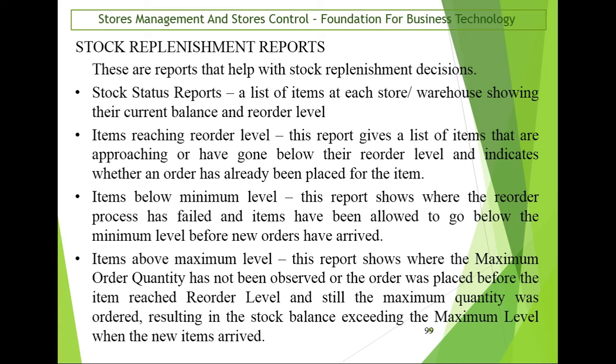There's a reason why we set a maximum order quantity, so that we never exceed the maximum level. So this report also tells us when our procurement policy has failed.